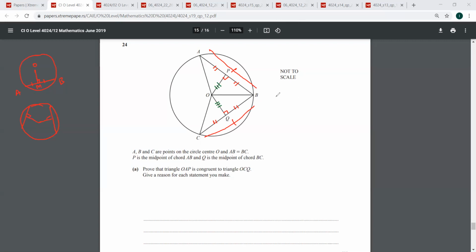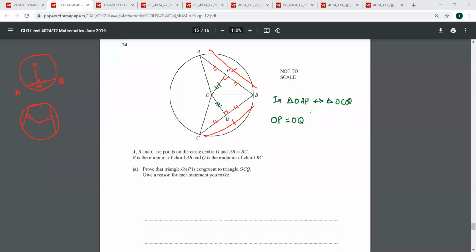Okay, so you have to write, please copy it down, in triangle OAP corresponding with the triangle OCQ. Now we have to show 3 measures equal to each other, including at least one angle. So first of all, I would say that we have OP equal to OQ.